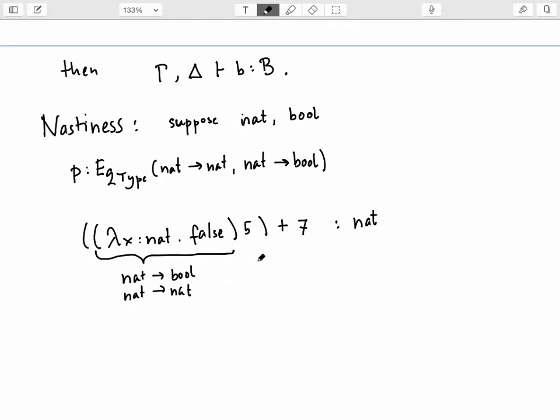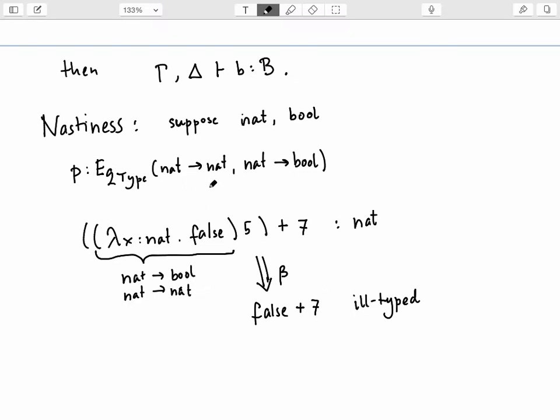However, if I beta reduce this thing, then here I get false. So the beta reduction of this is false plus 7, and this is not well typed. This would be well typed if I knew that bool equals nat, but I don't know that bool equals nat.